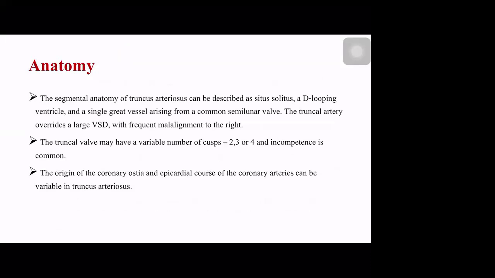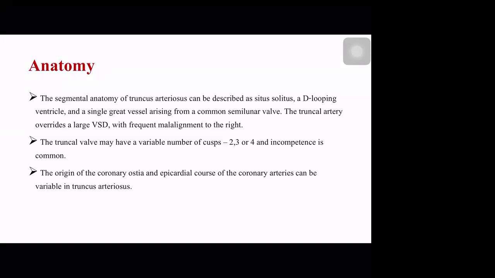I guess that from the classification part, you have a fair idea about the anatomy of truncus arteriosus. But if we go into detail, the segmental anatomy of truncus arteriosus can be described as situs solitus, a d-looping ventricle, and a single great vessel arising from a common semilunar valve.